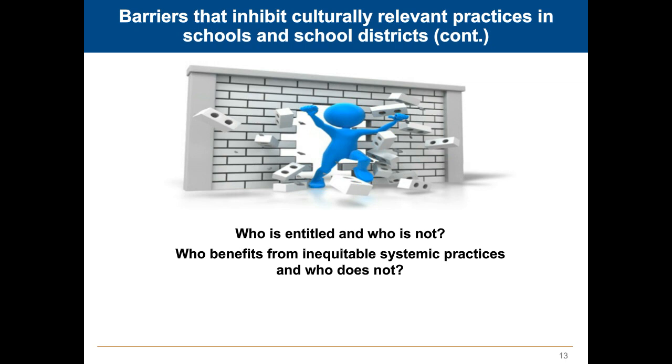Who benefits from inequitable systemic practices and who doesn't? When I talked about tracking, who benefits? When I talked about gaps as it relates, opportunity and access gaps as it relates to our honors and advanced placement classes within our high schools and our upper level classes within our middle schools and our junior high schools, who benefits?